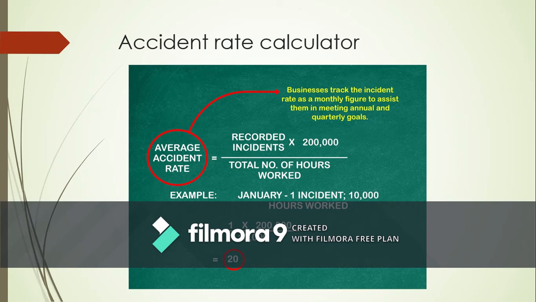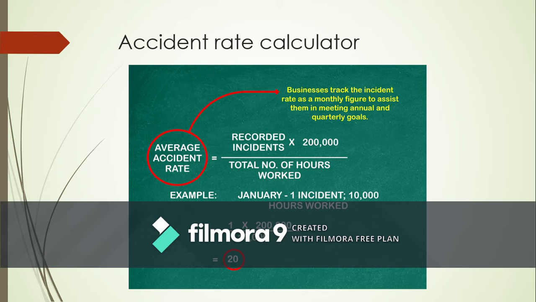For example, in January 2020, if there was only one incident, then 1 into 2 lakh is already a constant. So 1 into 2 lakh divided by the total number of hours worked during January, which is 10,000. That is the number of hours worked by all the employees.